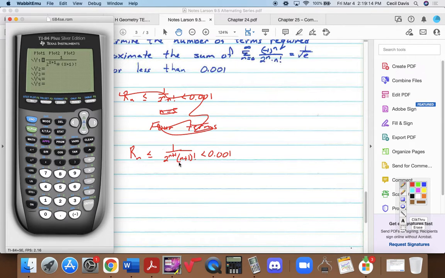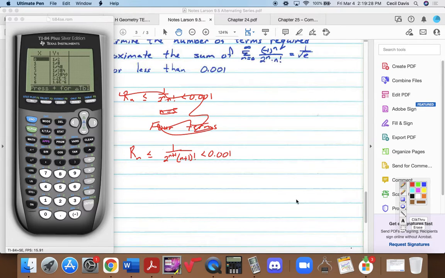Because the remainder is less than the next term. So if we go to the table now, you'll notice same values. We get n is equal to 4. So we need to add the first 4 terms. We got there the same way the other way, but the thinking was a little convoluted. Yeah. All right, any questions?